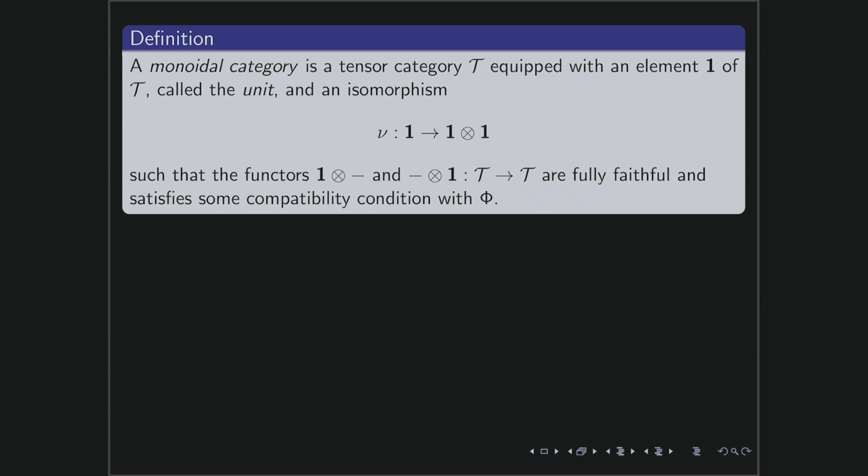This is just a technical definition, which is working with an isomorphism which is not of this kind, but an isomorphism which is of this kind. This is just more convenient because then I only have one isomorphism instead of several ones for every object. But you can prove afterwards that if you have this, you get this isomorphism as well. But that's more technical.